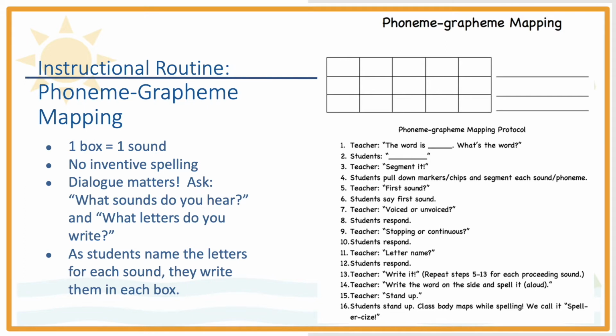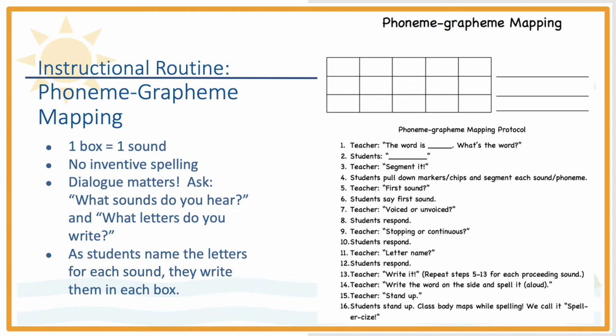Let's try an example. The word is mat. What's the word? Mat. Segment it. Mat. What's the first sound you hear in the word mat? Is it voiced or unvoiced? Voiced. Is it stopping or continuous?